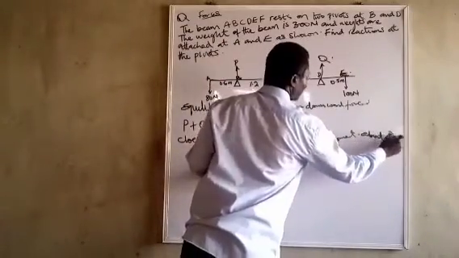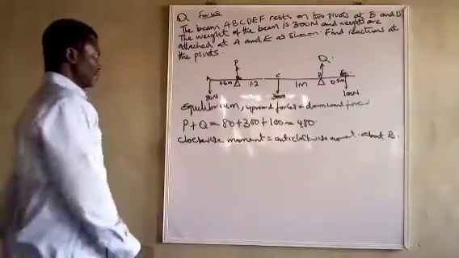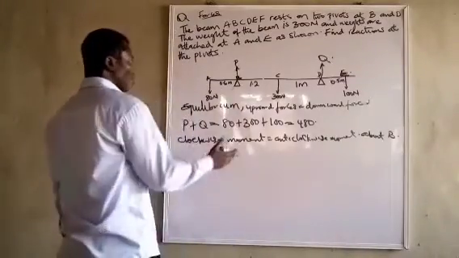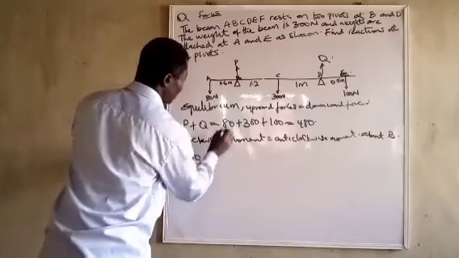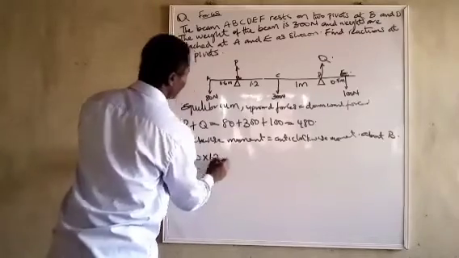No, about B. Moment about B. Let's look at the clockwise moments. We have this one, 300 times 1.2.